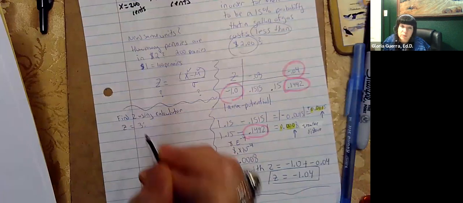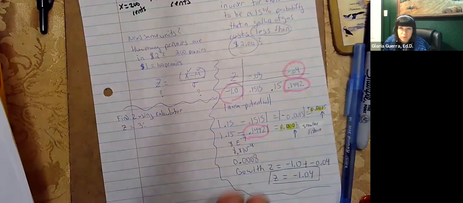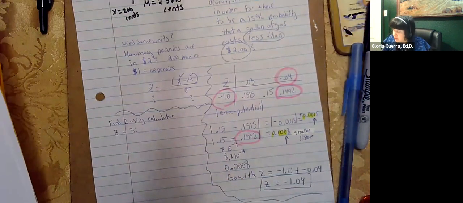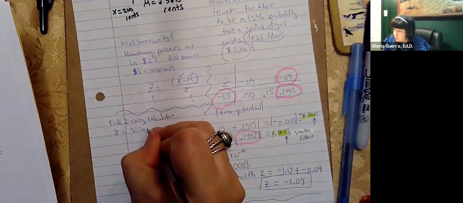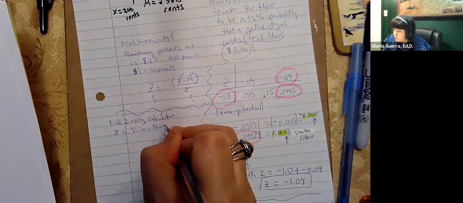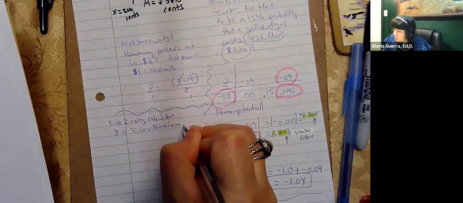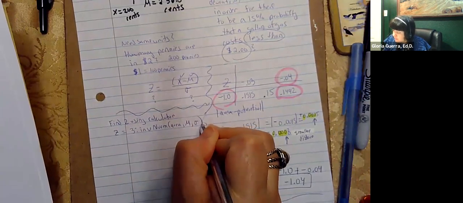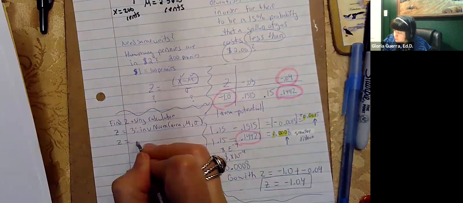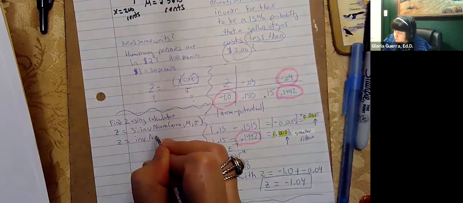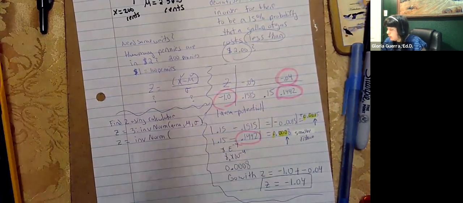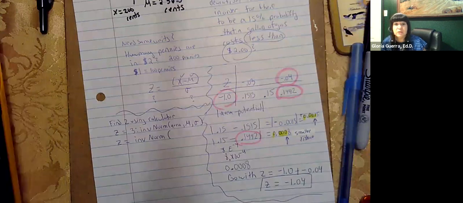Now I'm going to use the calculator, and it's option 3. This is now the formula for that. Not 2 normal anymore. It's 3, inverse norm, area, mu, and sigma. The area has to be to the left of the curve.